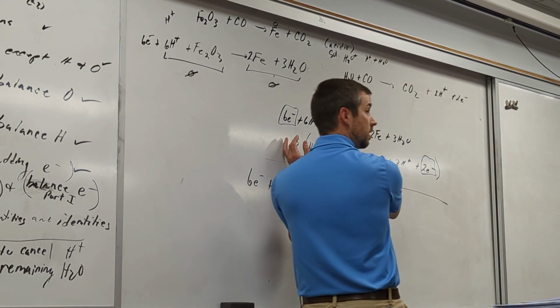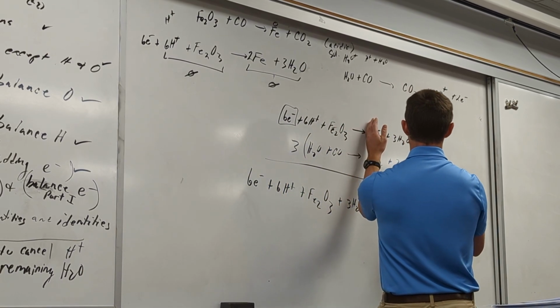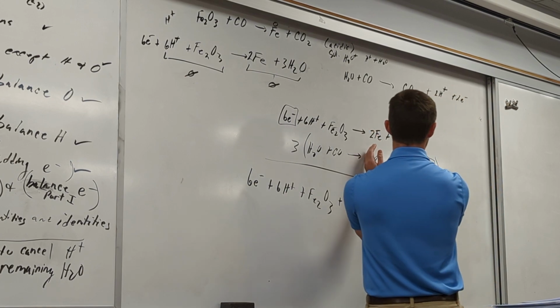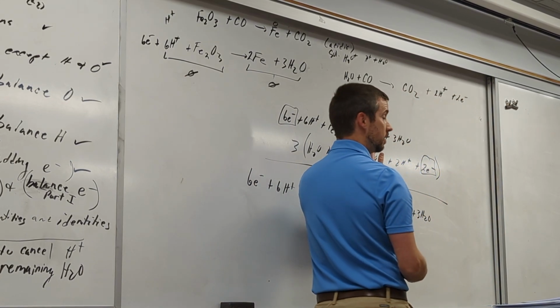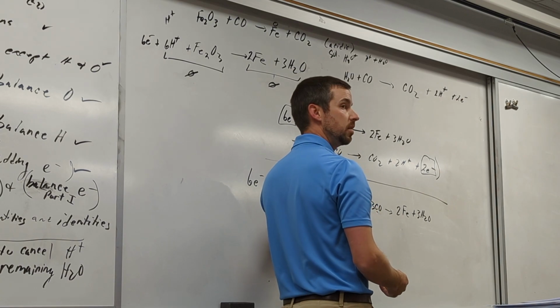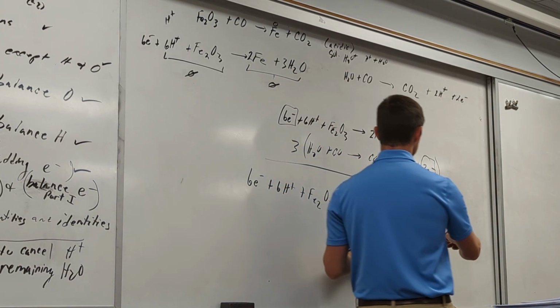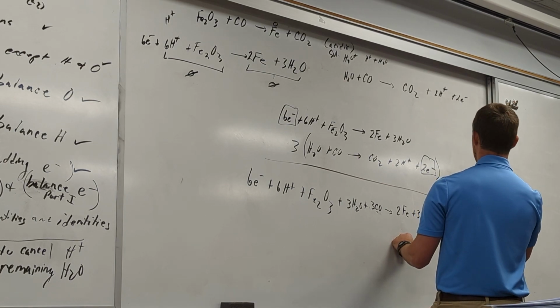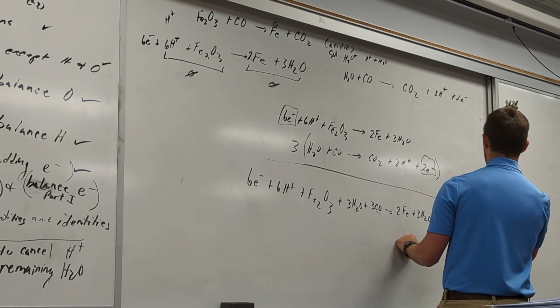Okay, you with me? I'm going to go grab the products, 2 Fe and 3 waters. And I'm going to grab these products, but these products are also multiplied by 3. So 3 CO2. 6H plus.